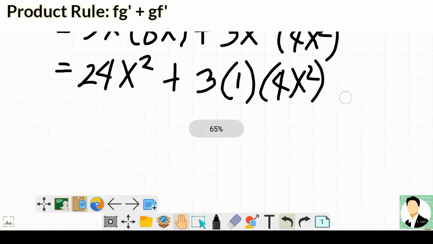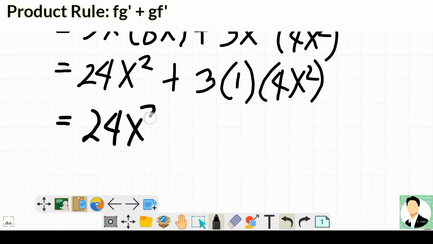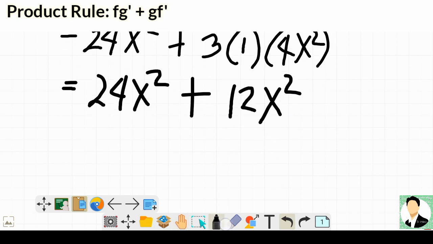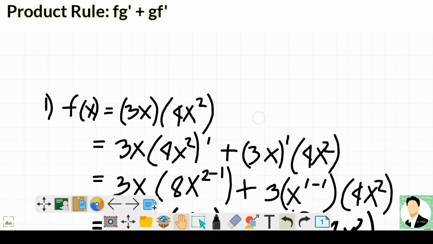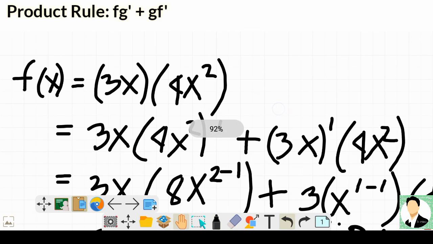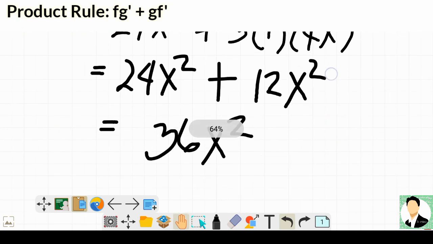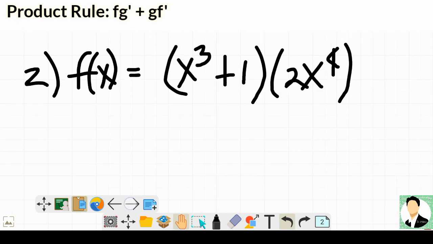And next, 24x squared plus 3 times 1 times 4 is positive 12 times x squared, and equals 24x squared plus 12x squared is 36x squared. So ang derivative ng 3x times 4x squared using product rule is 36x squared.